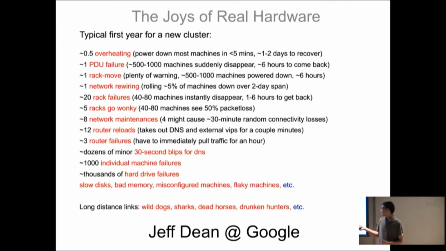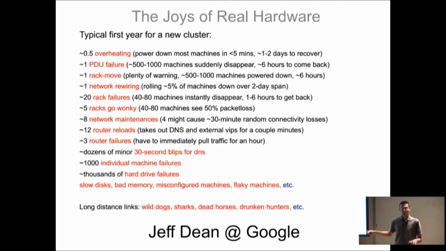There are also disks which fail, like thousands of hard drives, because you bought so many of them. If the probability that one fails is like 1 in 1,000, once you have tens of thousands of them, something is going to keep failing, right? The math works towards that. There are also network maintenances, router overloads, you name it, and the number of failure modes is just too many to even list in a slide like this.